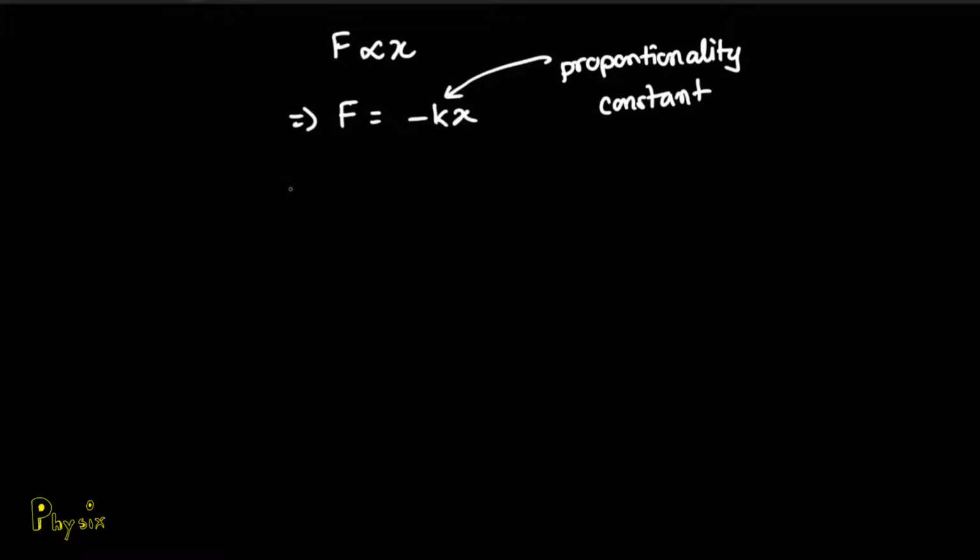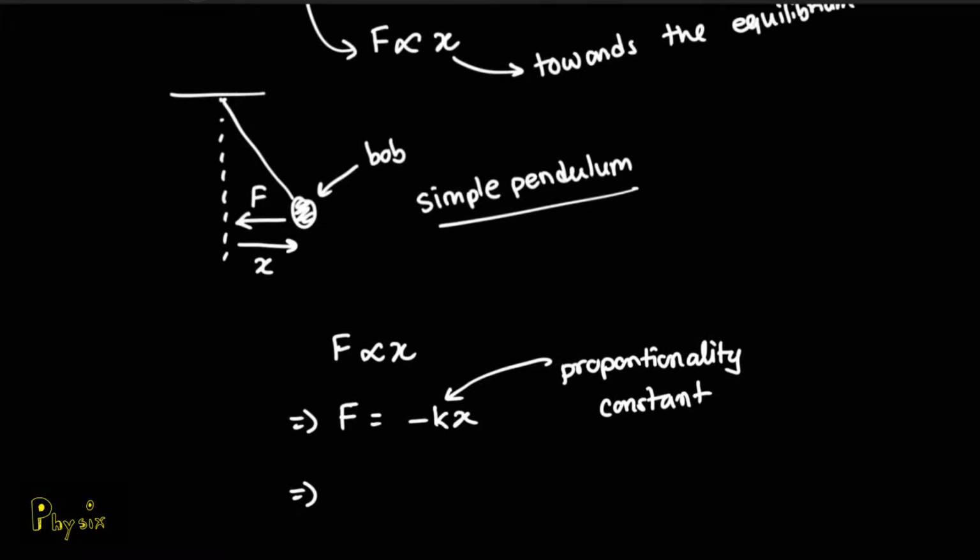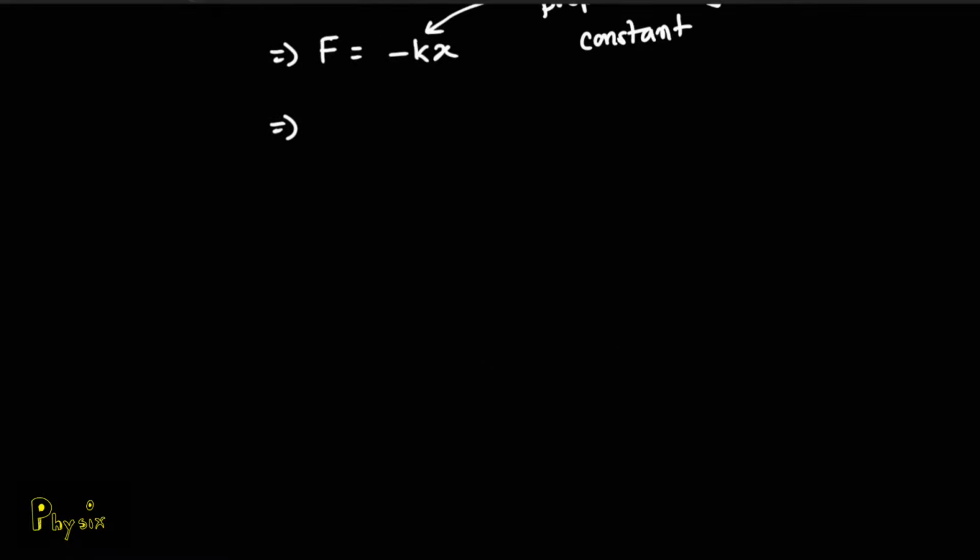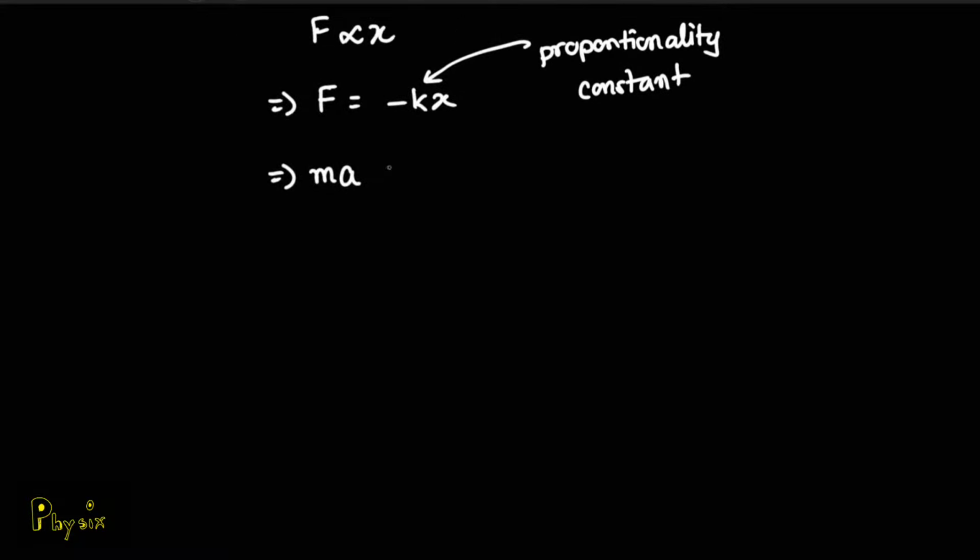If the mass of the bob in this pendulum is m, we could say that F is basically ma, and this can be written as ma equals minus kx. Acceleration can be written as the second derivative of the position function, so we write it in this format.